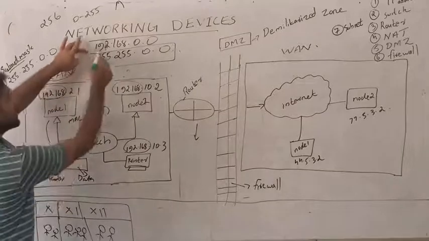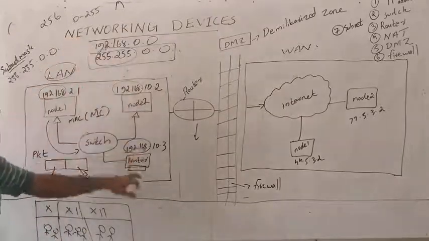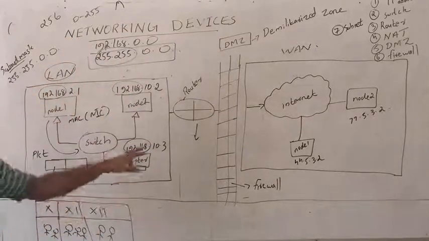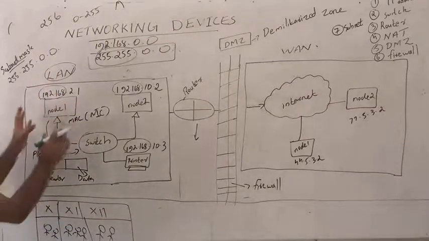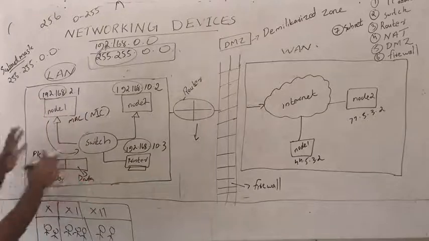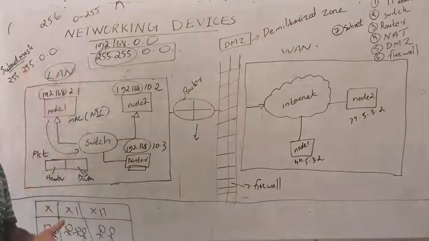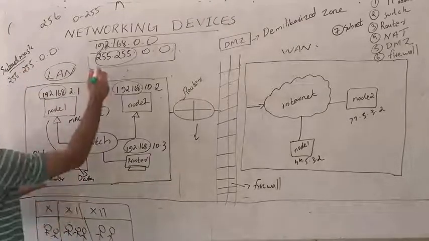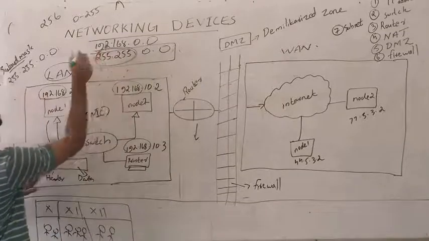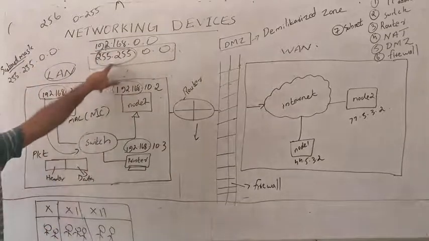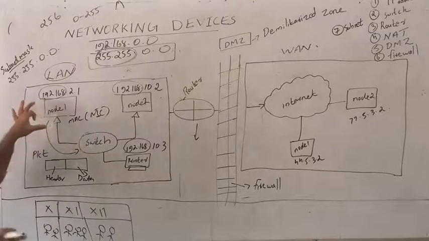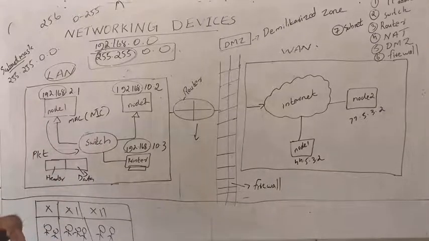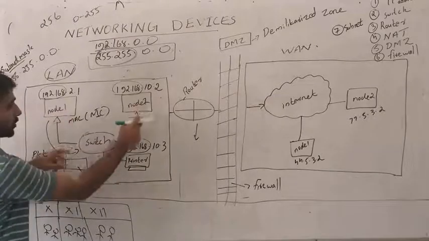It means these two parts are the same for all the devices within this local area network, which identifies that all these systems are inside this one LAN only. By using this subnet mask, we can identify that a particular device is inside the same local area network. Here look at that, this is node 1, node 2 and one printer.